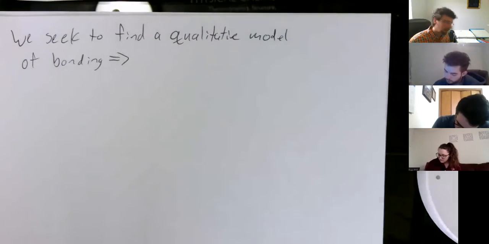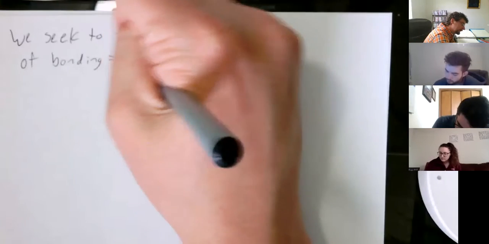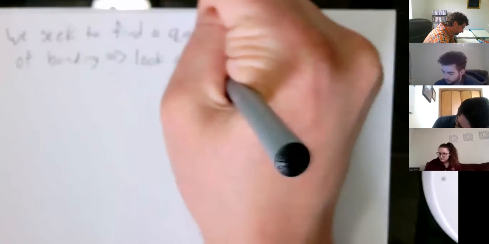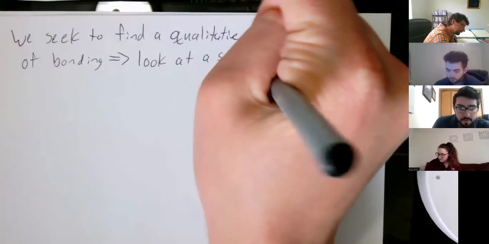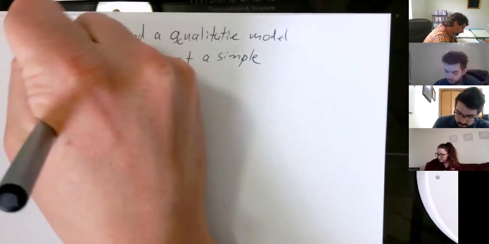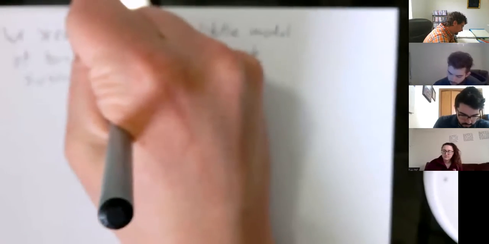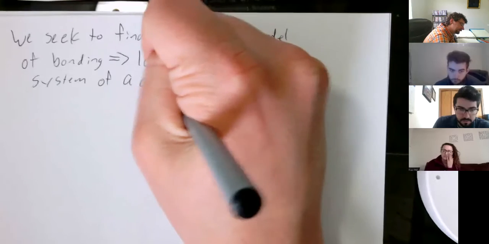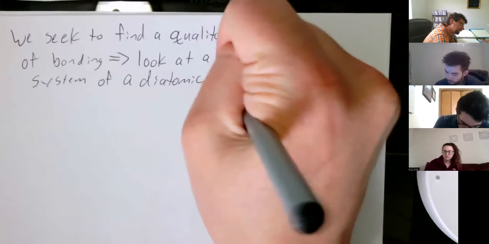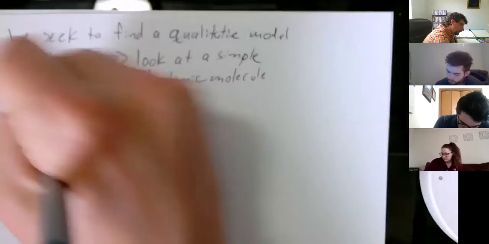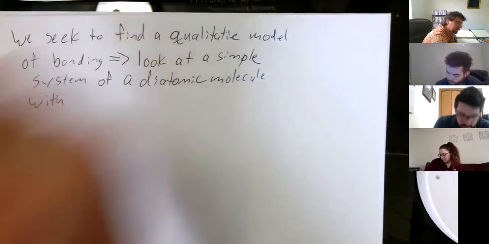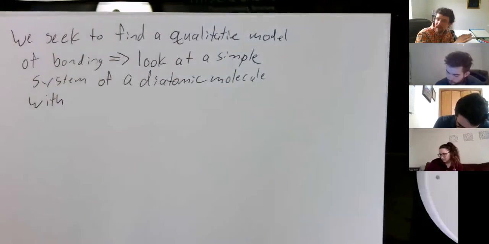That's the easiest one to investigate. So look at a simple system of a diatomic molecule. And we're going to leave those atoms generic with atom A and atom B.